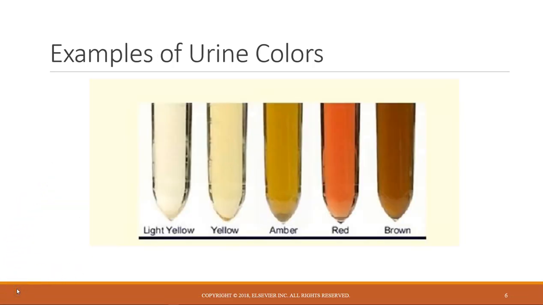I love this picture because it gives you examples of the urine color and the terms used to describe them. So we have light yellow, yellow, amber, red, and brown. But there are a lot of other different colors that urines may have.